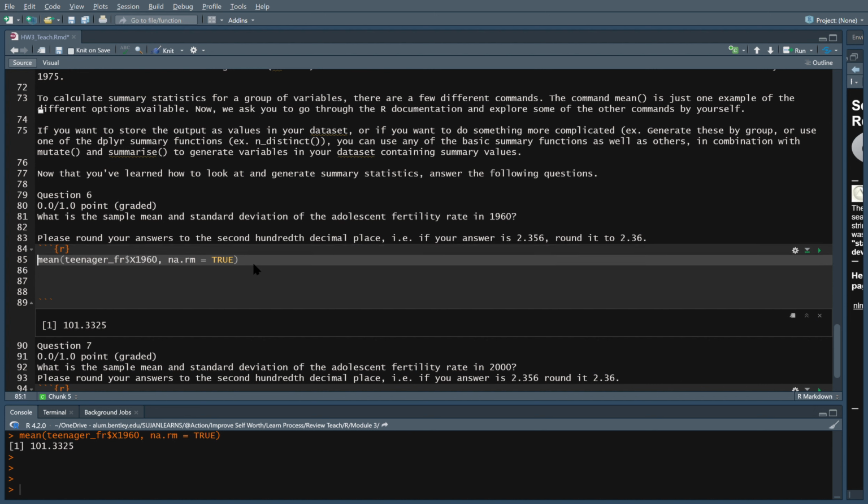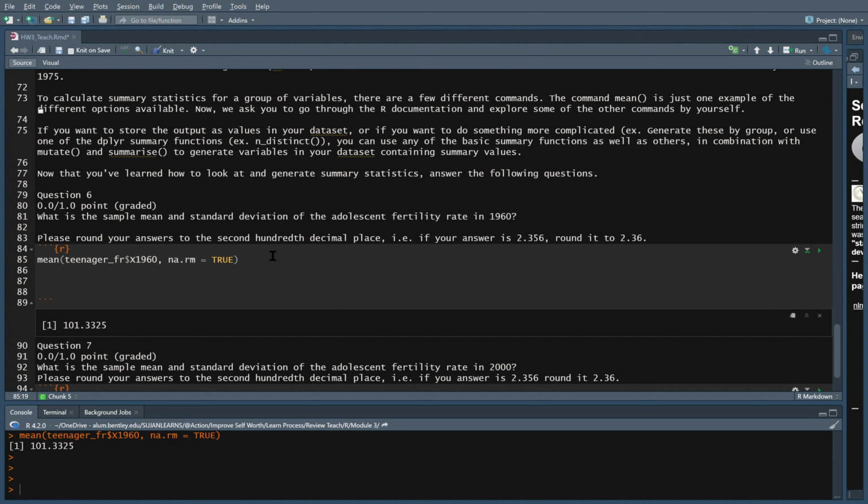Where I made a mistake was that I put small x instead of capital X, and that's why it was complaining that it did not find the column. Now I have corrected the column name, so it shows us that the mean of this column is 101.332, but there are 4 decimal places here. How can we round that to 2 decimal places? Can you tell me?